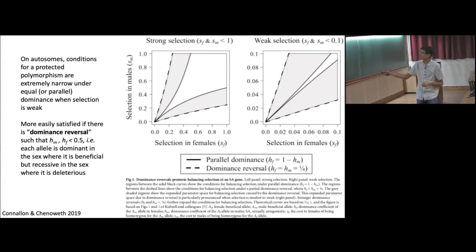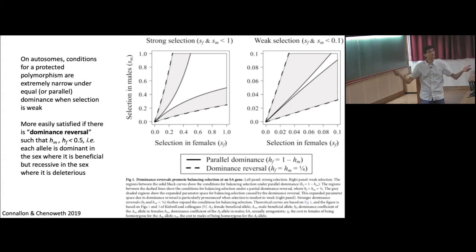To draw these figures, we assumed a dominance coefficient of 1/4. So remember, 0 would mean completely recessive, 1/2 would mean the heterozygote is exactly intermediate, so 1/4 is sort of halfway in between those two. So there's all this additional space if this dominance reversal occurs.